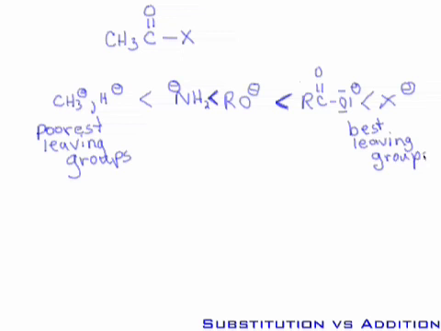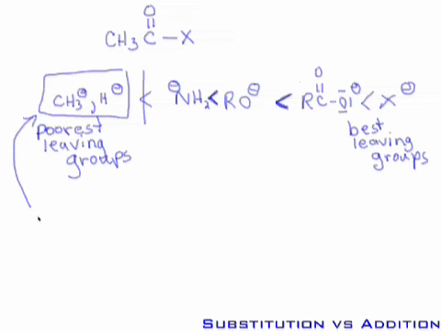Now, at some point the leaving group ability must get so bad that the group will not leave. In fact, that demarcation occurs here. The CH3 and H minus are so bad they never leave.